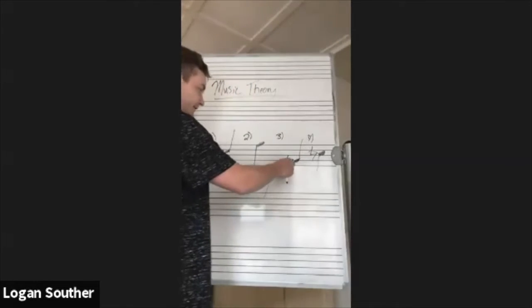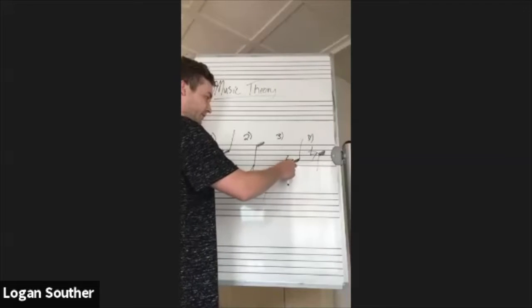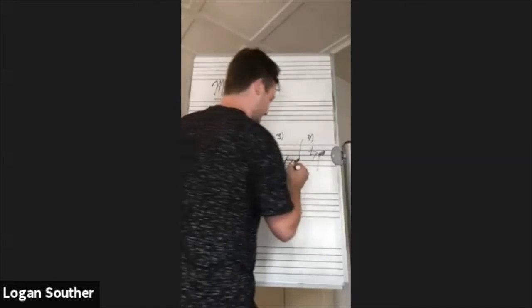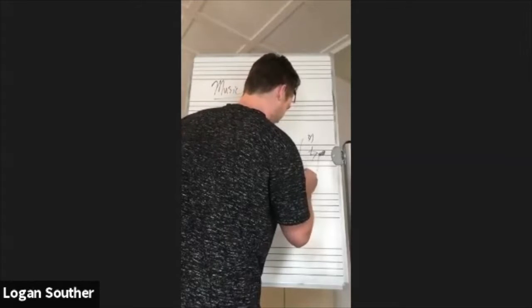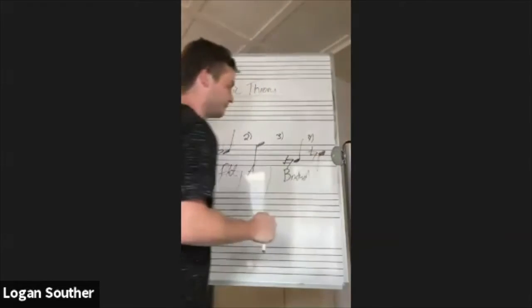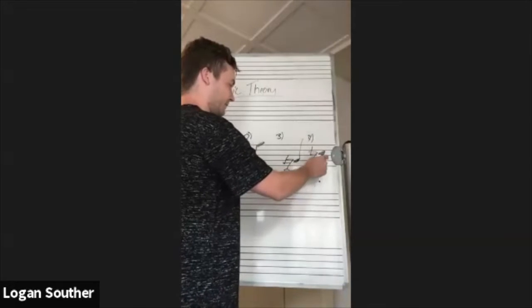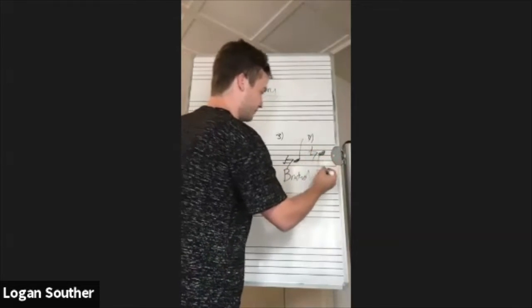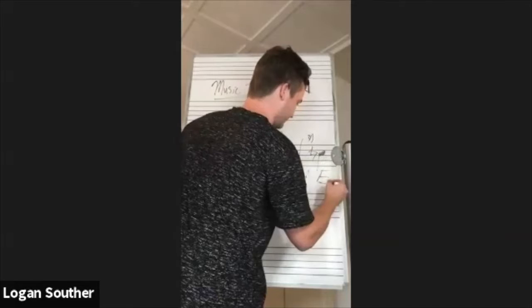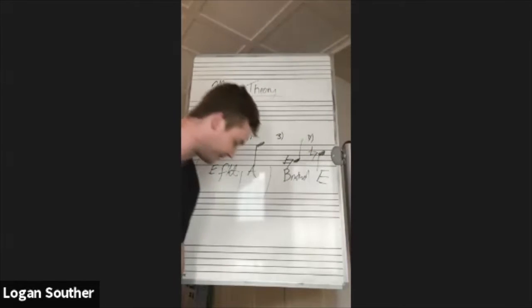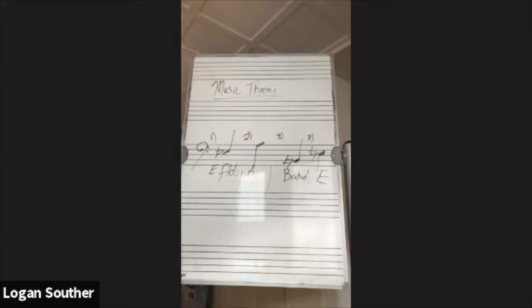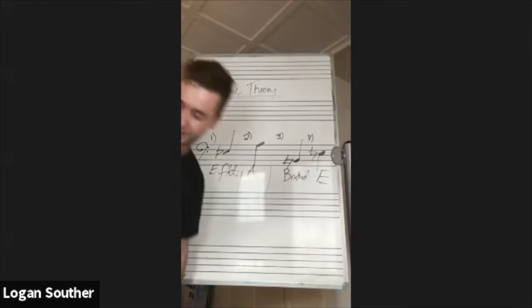Number 3, 2nd line, we've got G, B, great big dog, so B natural. And number 4, 3rd space, all cows eat, so E natural there. All right, good. I'm sure you guys are doing very well with bass clef, so we'll leave that behind for now.